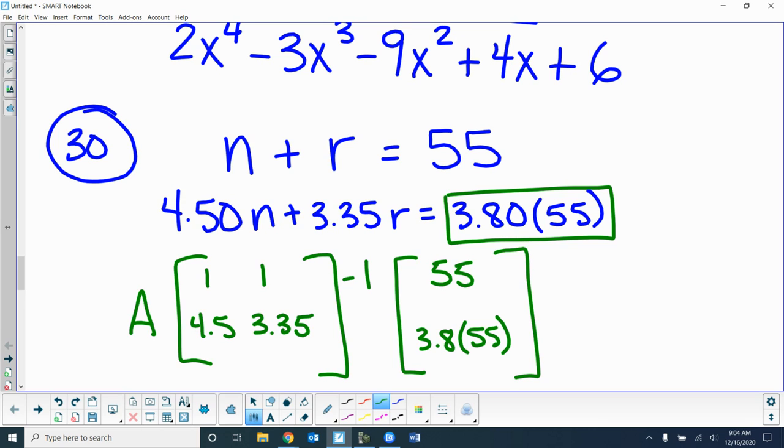So what's that come out to? 21.5? Yeah, for the more. Okay. It's probably like 21.52 and 33.48, is that what you said? So this would be how many kilograms of nuts, and that would be how many kilograms of raisins. And that's 55 if you add.